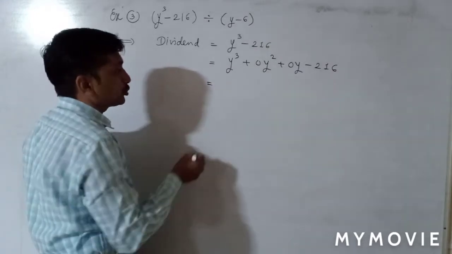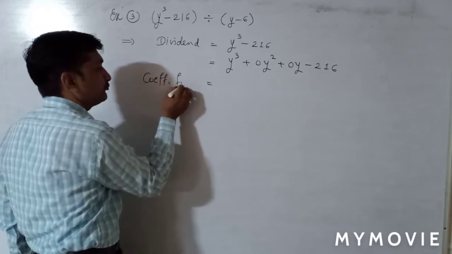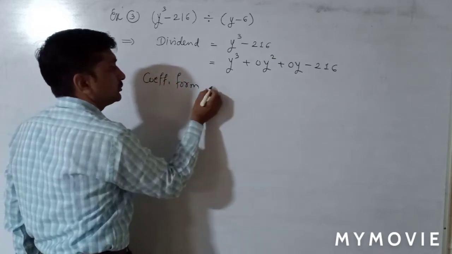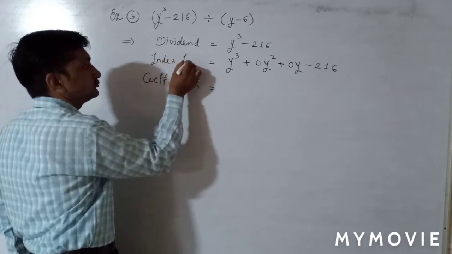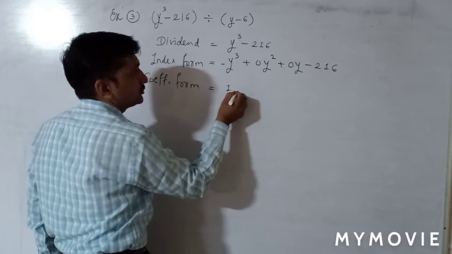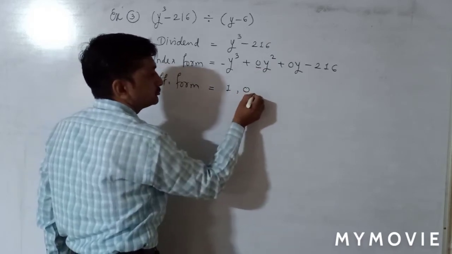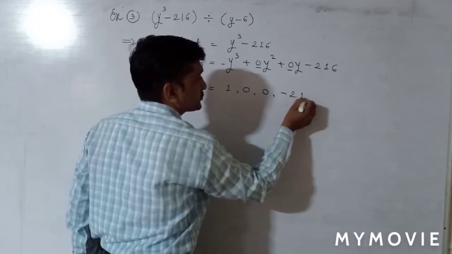Now coefficient form: this is index form. Coefficient 1 here, 0 here, 0 here, and last minus 216.